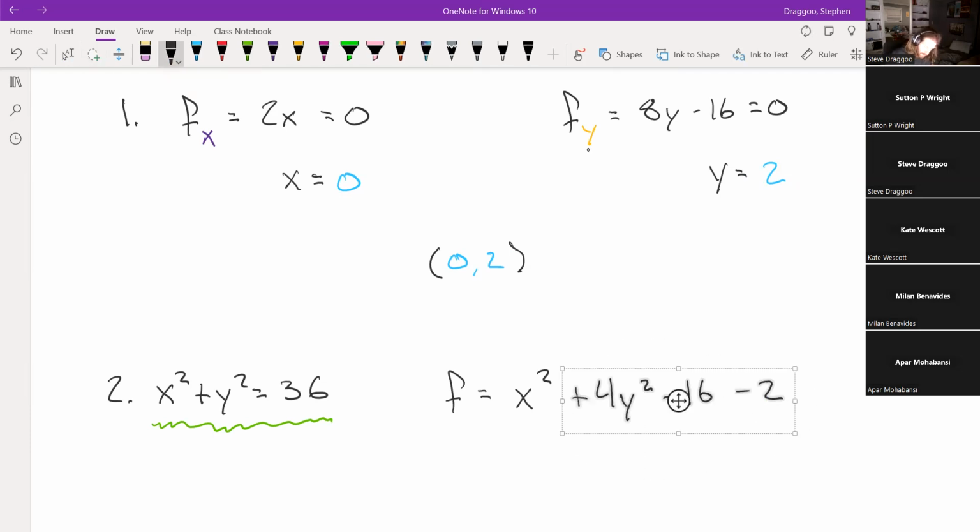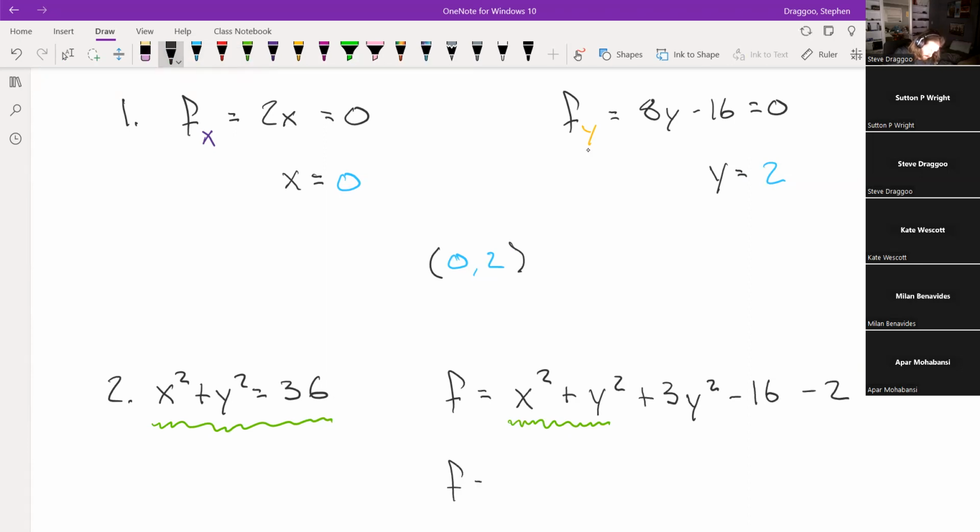I'm going to split up my 4y squared into 1y squared plus 3y squared. Because if I do that, I've got this x squared plus y squared right here, which is just 36, and then plus 3y squared minus 16y minus 2.